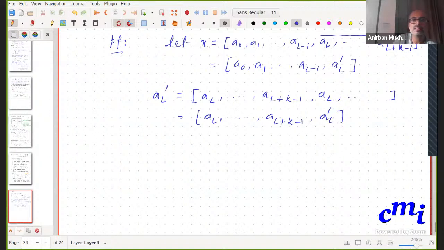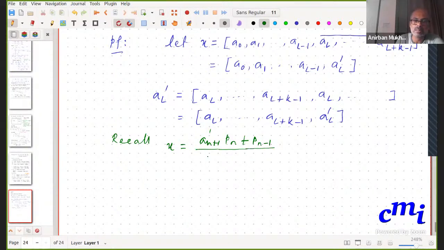Now recall this fact, that x is equal to (a_{n+1} dash p_n plus p_{n-1}) by (a_{n+1} dash q_n plus q_{n-1}), all with our previous notations.